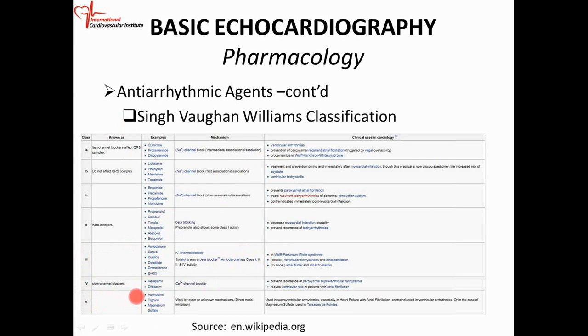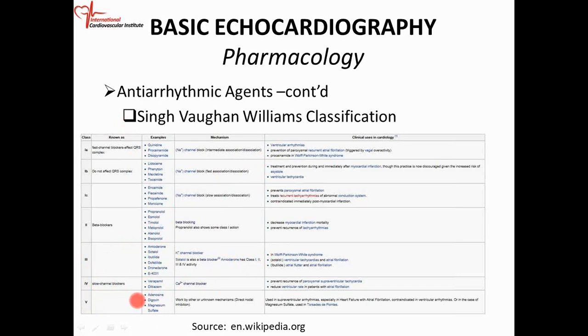So any type of re-entrant arrhythmia, you can give them adenosine. So if the patient has, say, AV nodal re-entry tachycardia, we can give them a rapid injection of adenosine, and they convert right there in front of you. So AV nodal re-entry tachycardia.